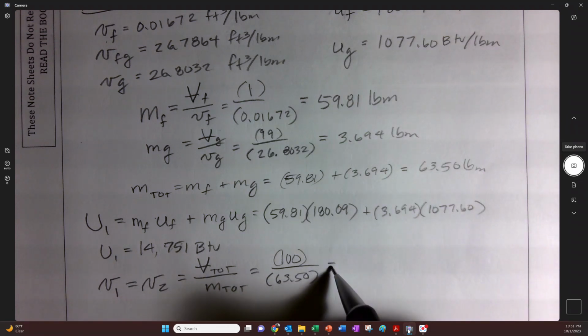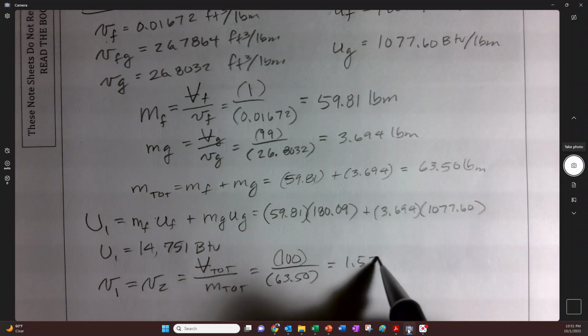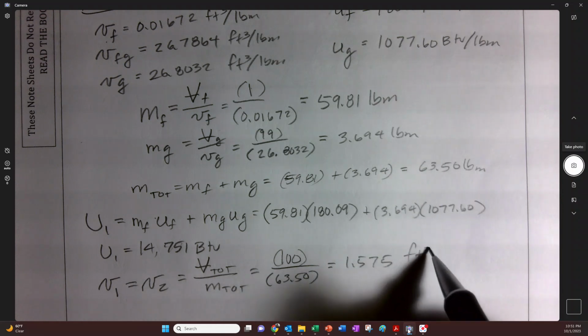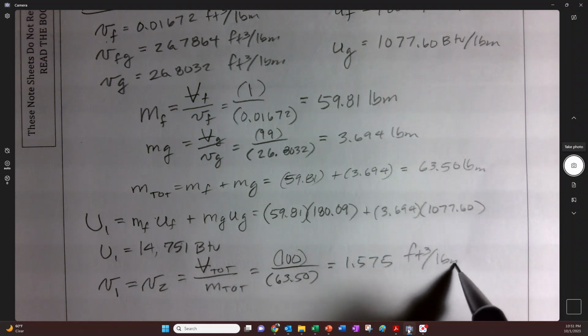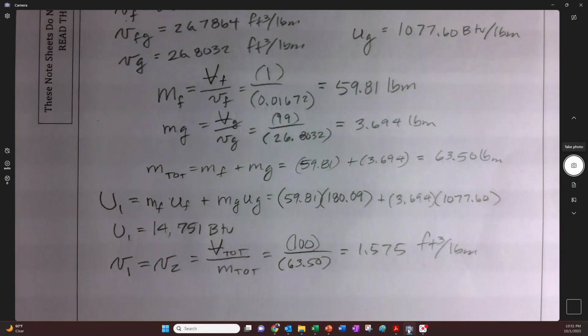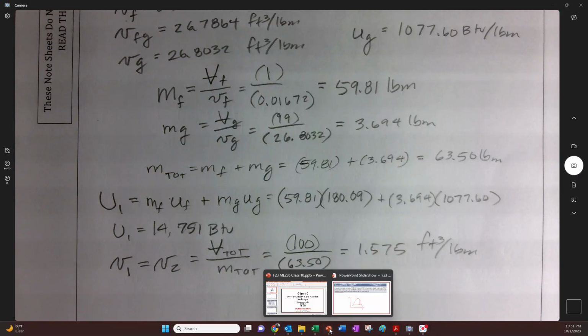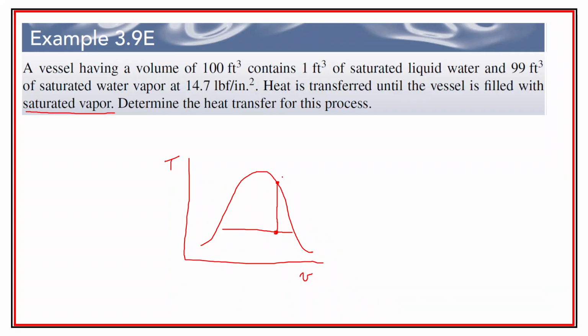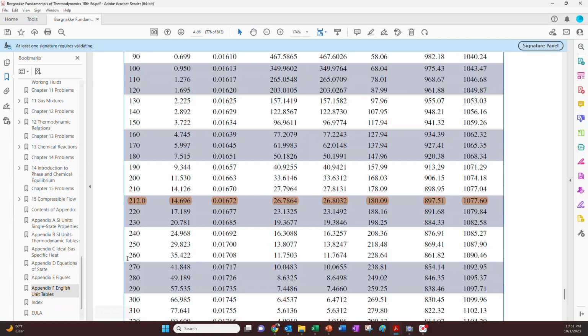So we get 1.575 cubic feet per pound mass. And now, as we mentioned before, we want to search through these steam tables to find a location where it has that specific volume for saturated liquids.